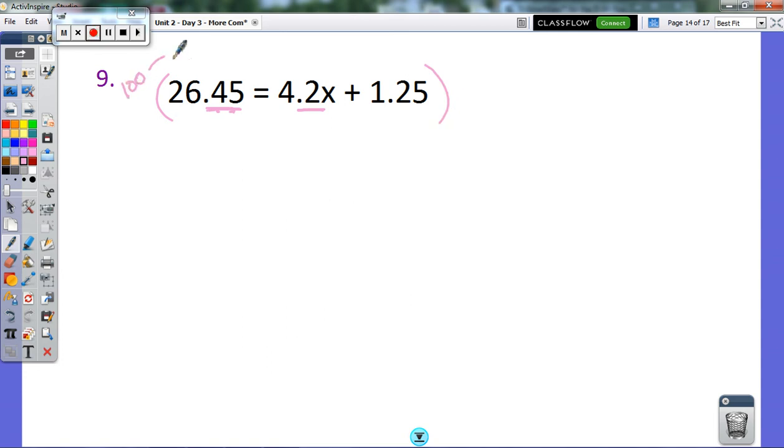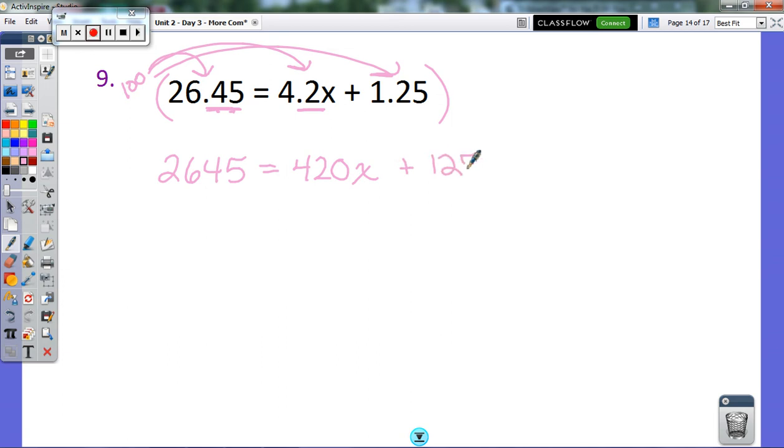Because 100 times 26.45 is actually going to be 2645. 100 times 4.2x, I'm going to move the decimal 2 times, it's going to be 420x. And 100 times 1.25 is going to be 125. And from there, we should be able to work the question.